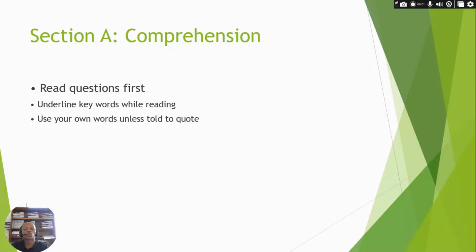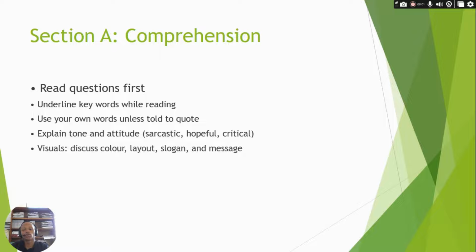Use your own words unless told to quote, especially when you answer those questions. And then explain tone and attitude: sarcastic, awful, critical. These are some of the examples of tone that you can talk about. And then some comprehensions also give you a part where they give you a picture or a very short cartoon, and then you're supposed to look into that as well.